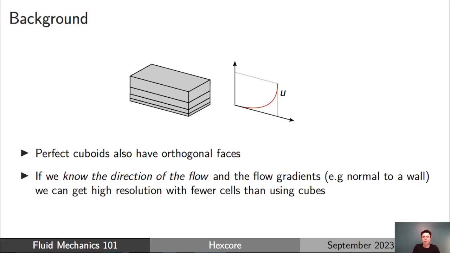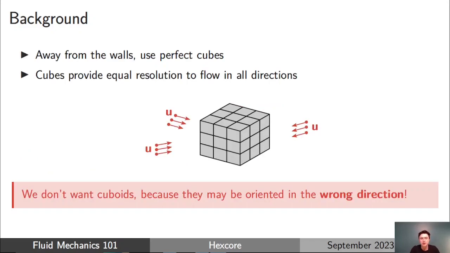So cuboids are similar to perfect cubes, but the reason that we want to actually use perfect cubes and the motivation for a hexcore mesh is actually away from the wall. So we're not thinking about close to the wall, we're thinking about away from the wall when we think about hexcore meshes.